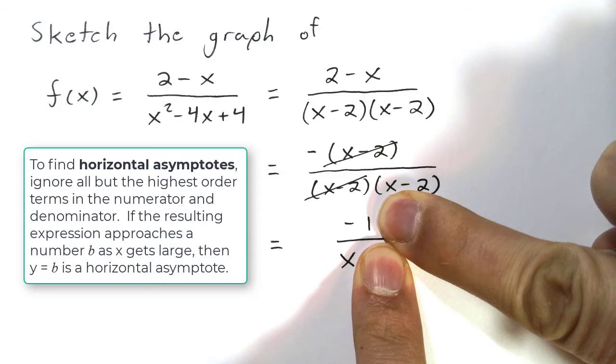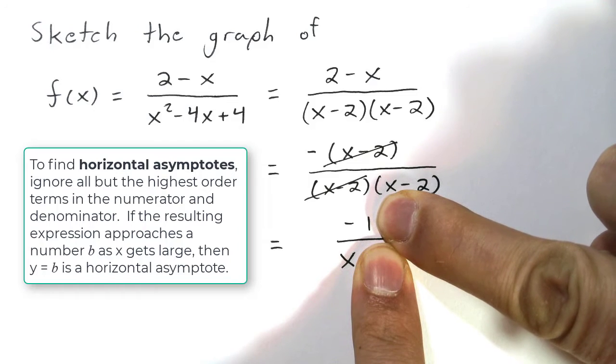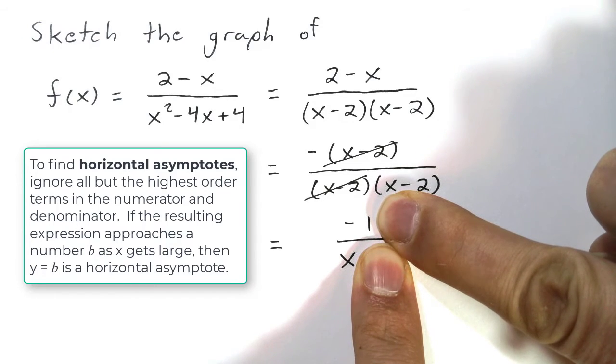Well, when x becomes a very large value, this quantity will become close to 0 because I'll be dividing 1, or negative 1 in this case, by a very large number. That gives me 0. So if ever you have a higher order term in the denominator left over than you do in the numerator, when you block off the lower order terms, then 0 is going to be the horizontal asymptote. So we have a horizontal asymptote of 0.